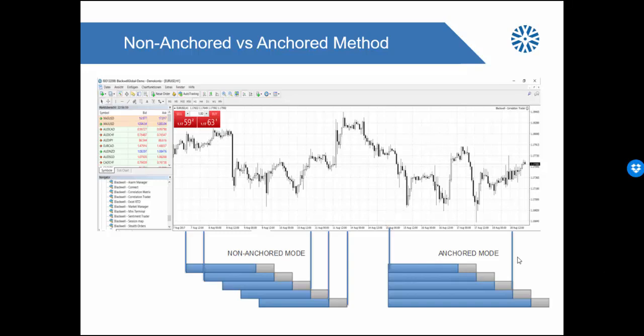And the second one here is the anchored mode, where you just don't change the start date. In our example, what I did is I started testing October 2016 and ran that to June 2017, and then ran it forward to July and August 2017. And basically, as time goes by, you just extend the period that you use for your optimization, and you always add the same couple of days, weeks, or months, whatever your time frame is, right?